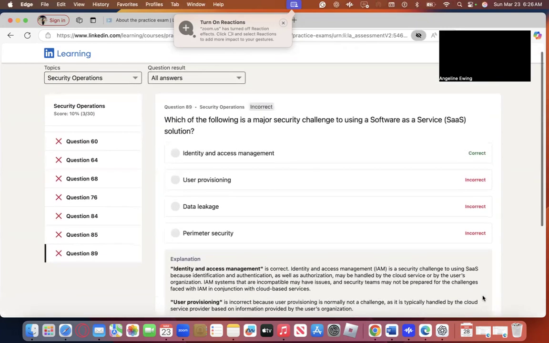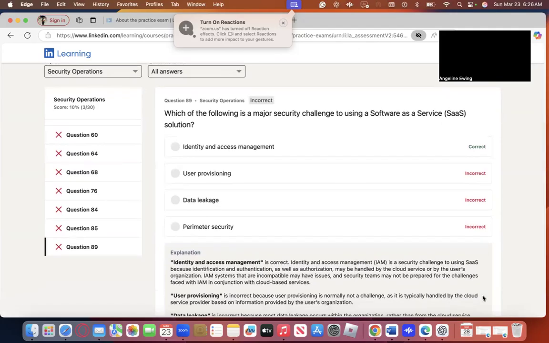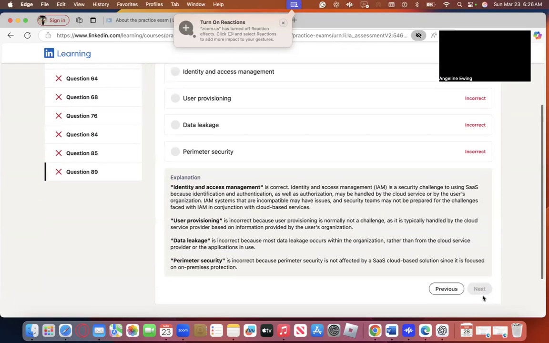Which of the following is a major security challenge for using software as a service solution? Identity and access management. Identity and access management is correct.